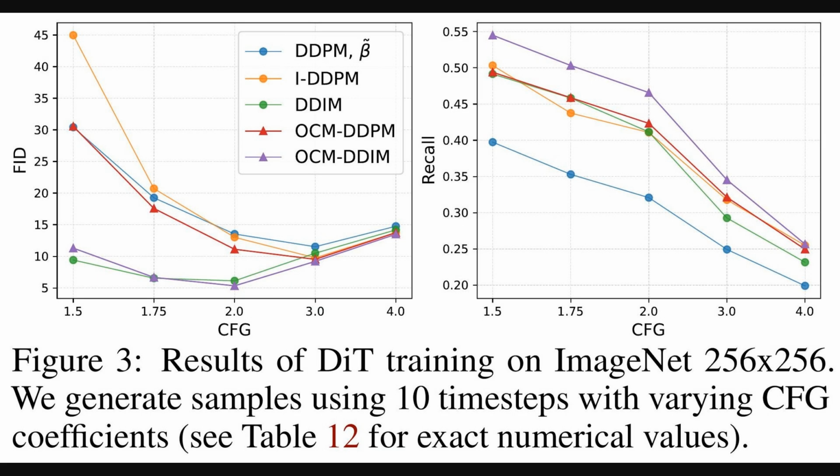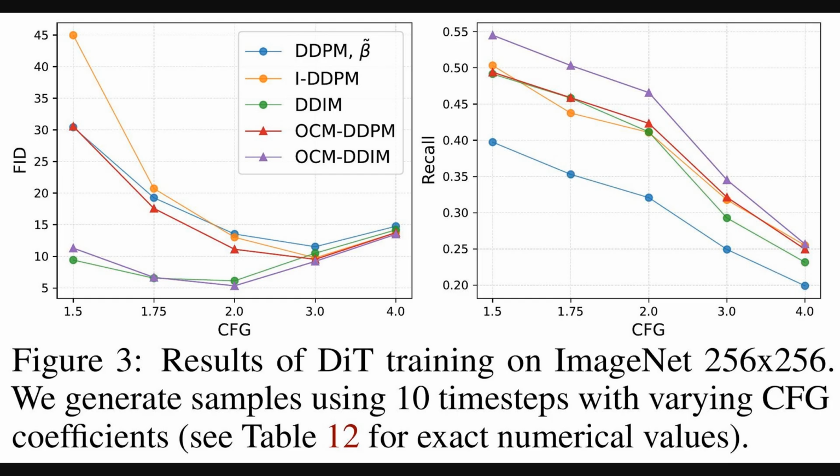Following those negative log likelihood results, Figure 3 now shifts focus to a specific type of model, the diffusion transformer, which uses a powerful architecture called a transformer for image generation. These plots show performance on the ImageNet 256 by 256 dataset. On the left, we have Fréchet inception distance versus different classifier-free guidance coefficients, which control how strongly the model follows guidance.